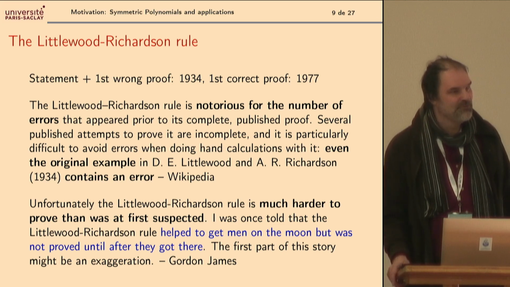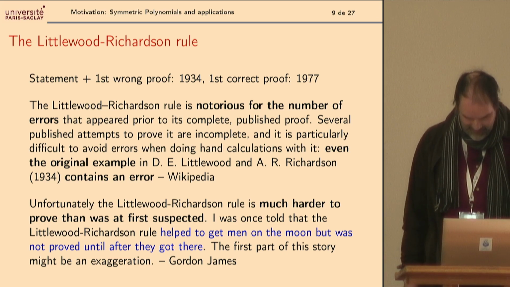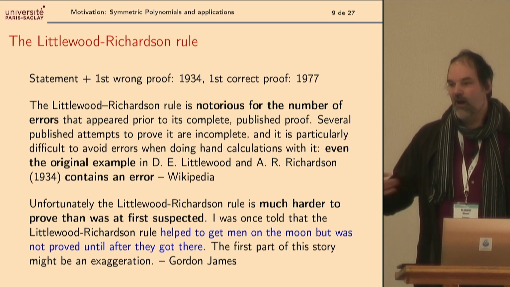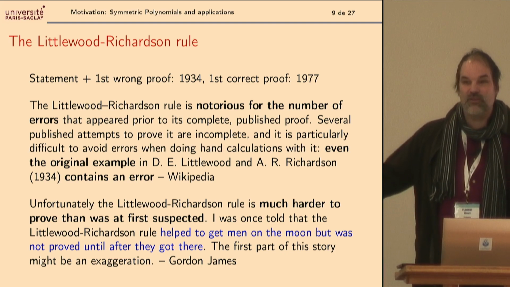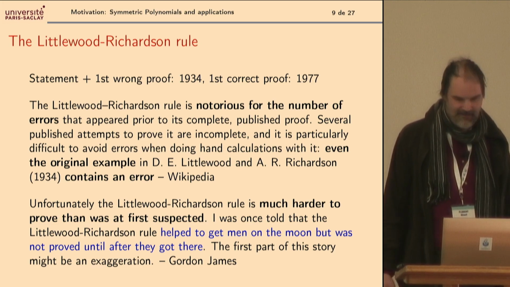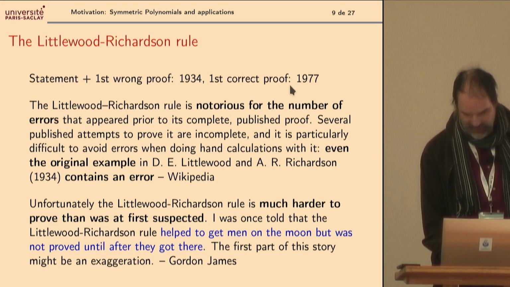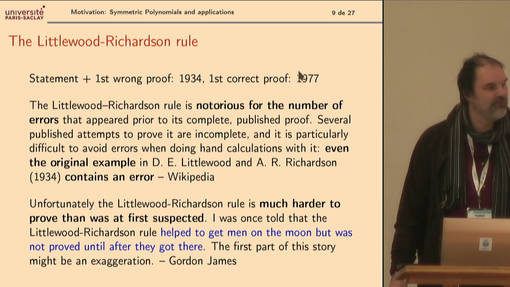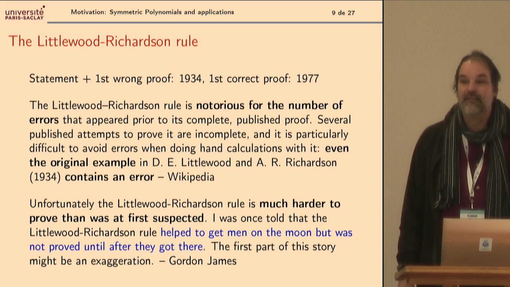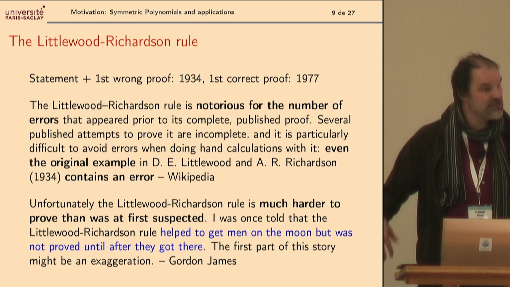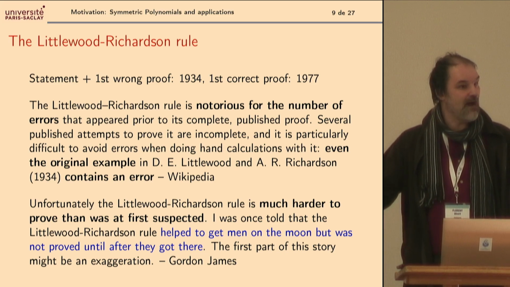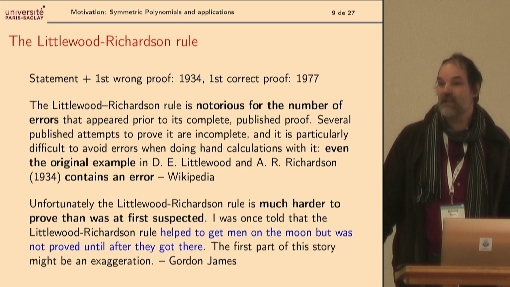They missed two elements in their enumeration. And I don't know, maybe 6 or 7 wrong proofs were published before Schutzenberger came with the first proof in 77. And all those proofs were published, accepted, and everyone was convinced that the result was proved.